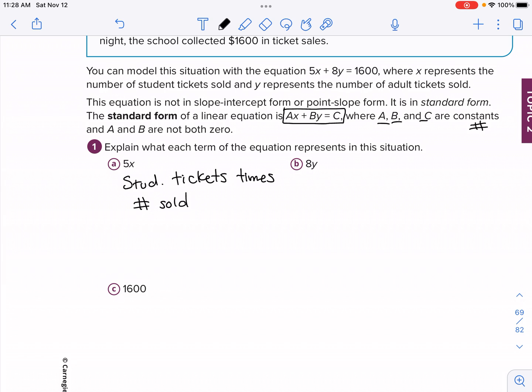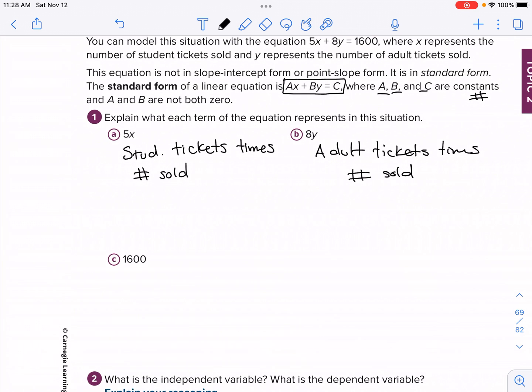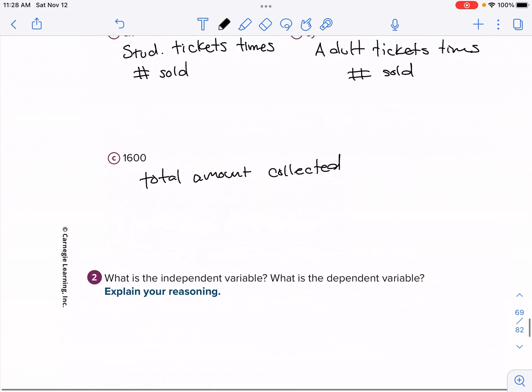And we have y representing adults, so 8y represents the cost of adult tickets times how many adult tickets were sold. Since it's $8, if 2 adults bought it, 8 times 2. And 1,600 represents the total amount collected. All right.